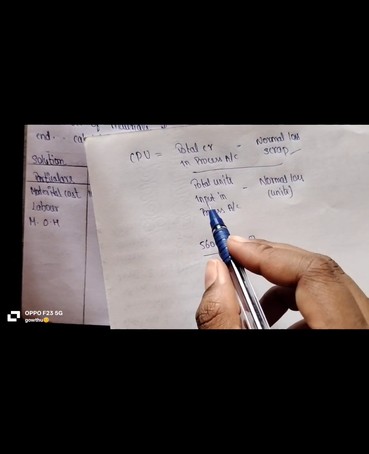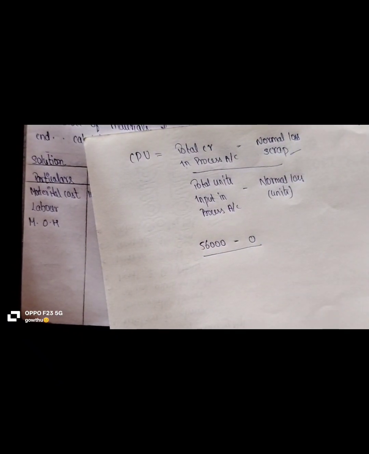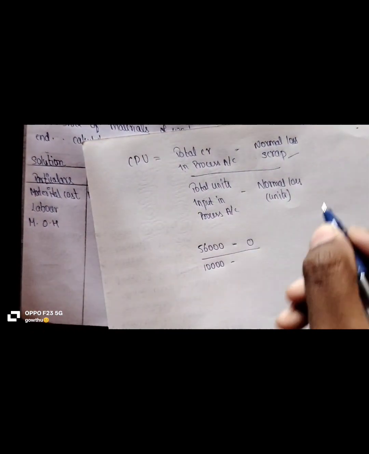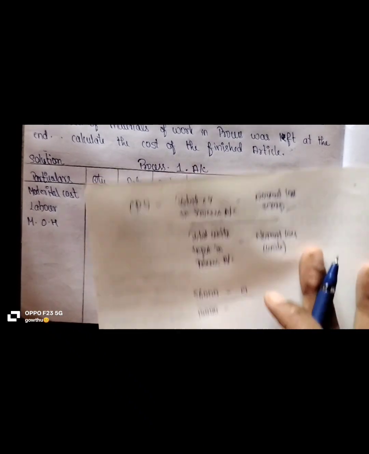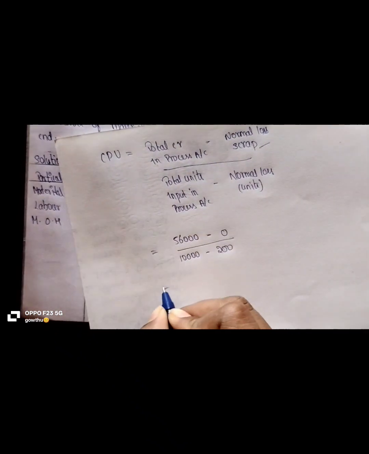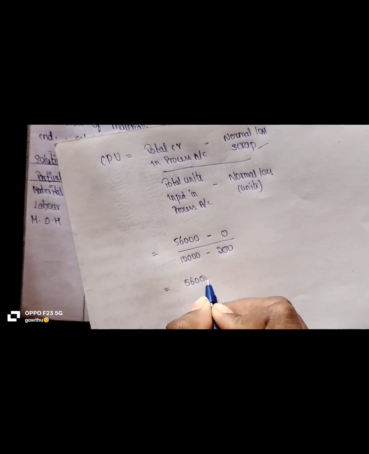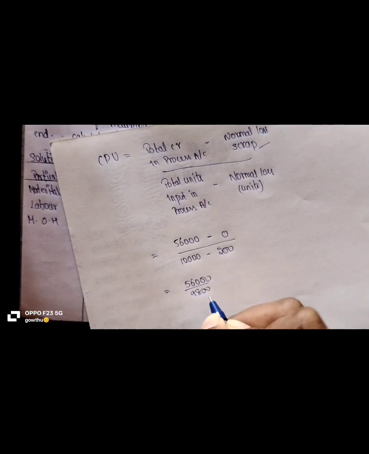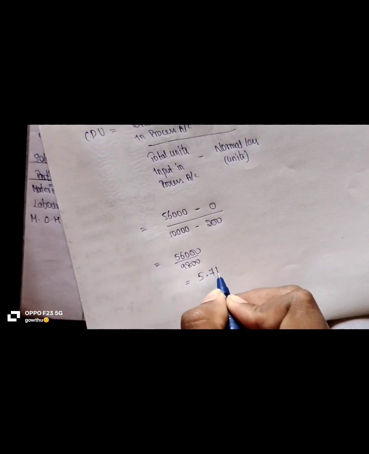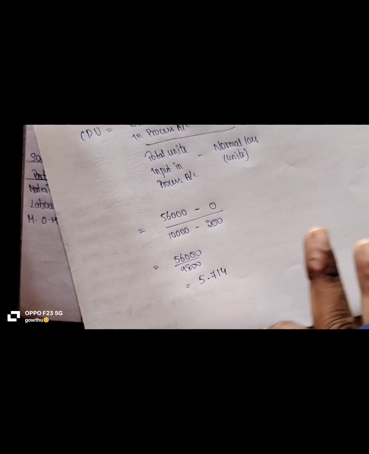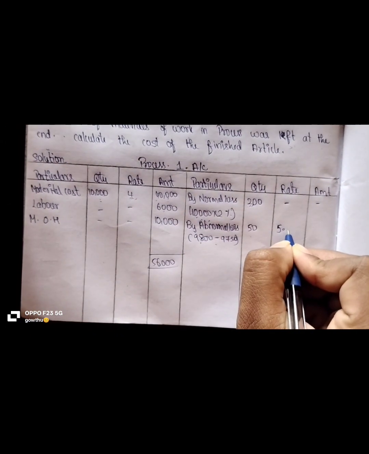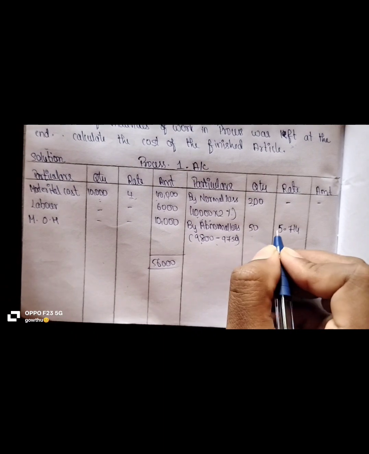Total units input in the process account: we have taken 10,000 units minus the normal loss of 200. So 56,000 divided by 9,800, we will get 5.714. This rate we have to take for the abnormal loss. 5.714, if we multiply by 50, we will get 285.7.